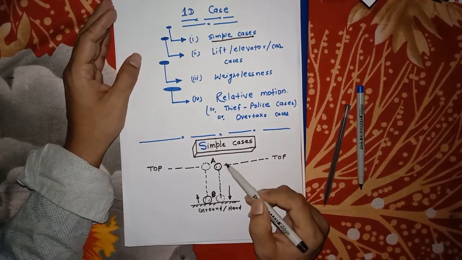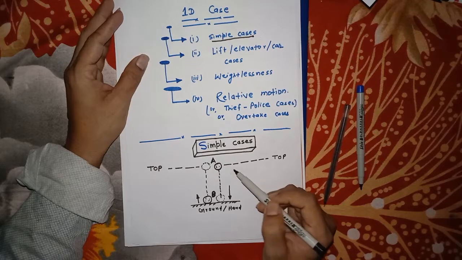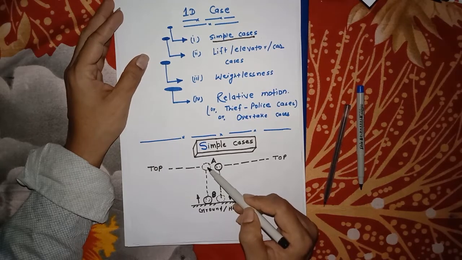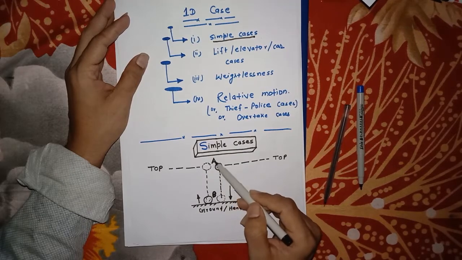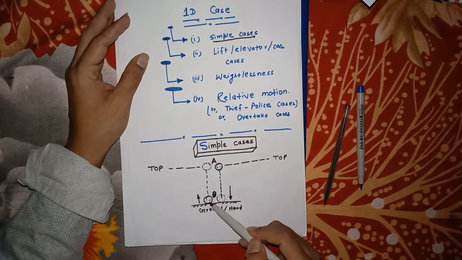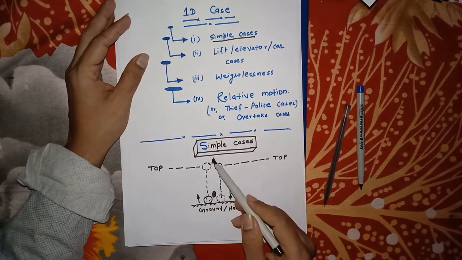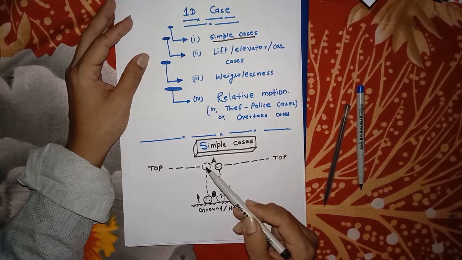Suppose a ball is dropped from some height. Let's say it is from point A. Sorry, a ball is in your hand and you throw the ball vertically above in the sky.